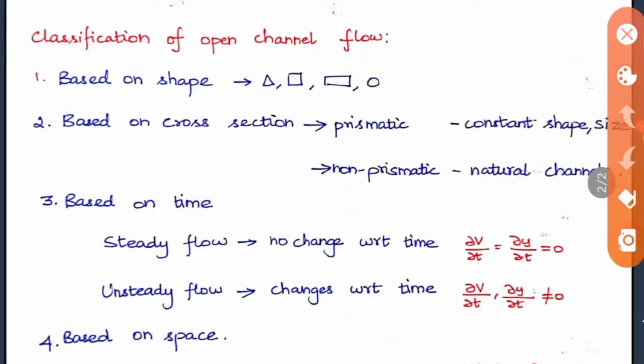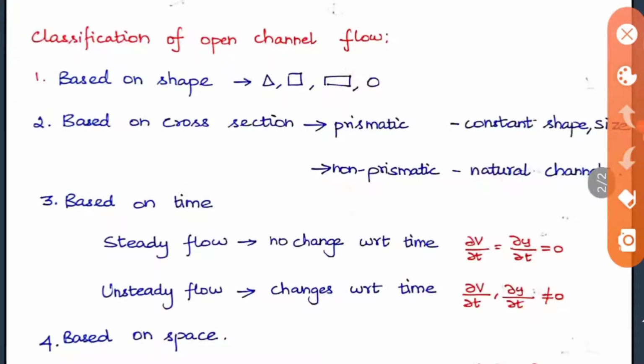Prismatic means it will be having a constant shape and size throughout the flow. Non-prismatic means it won't have a constant shape and size, it will be varying at certain points. For example, natural channel. So natural channel cannot have the same length and same width along the flow, so it will be changing. So that is an example for non-prismatic open channel.